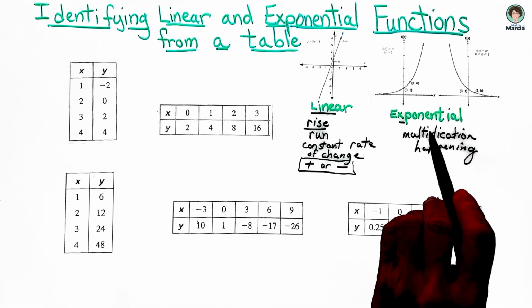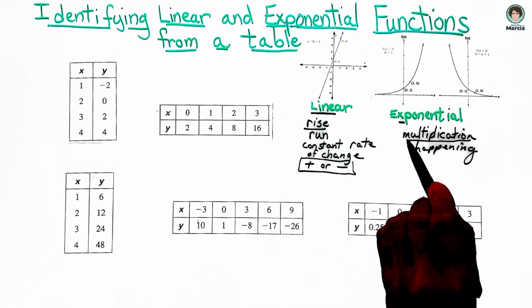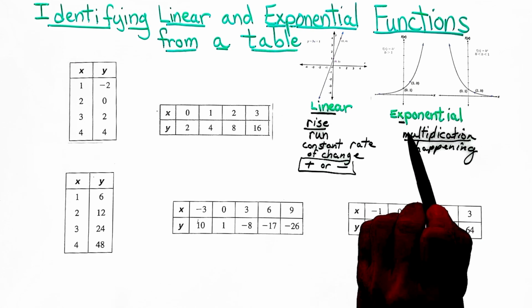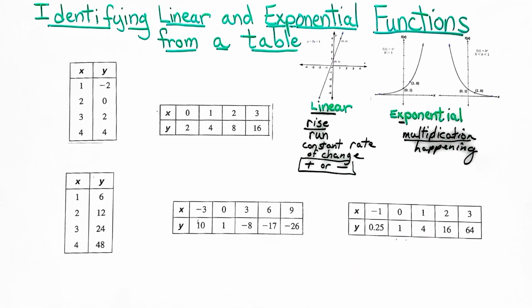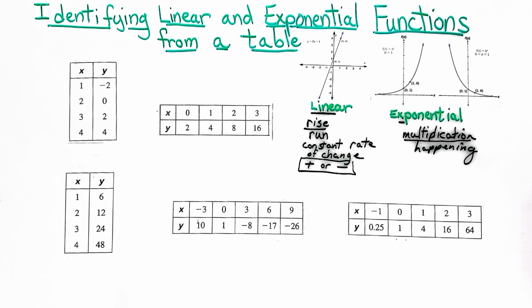But for exponential, we're looking where is multiplication happening. And that x in there reminds me of multiplication. And so with so many words to remember, or with our language of math, I'm trying to give you some little helpful hints there. All right, well, let's look at our first question.